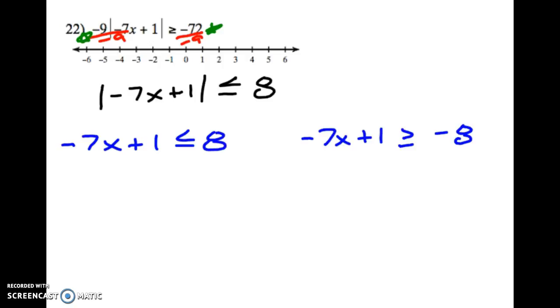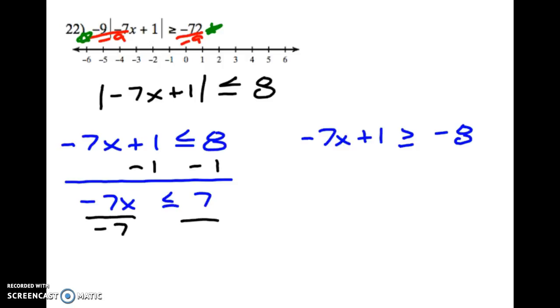All right, as far as solving, on the left, we'll subtract the 1. Divide by the negative 7. Once again, hopefully everybody's paying attention because we're dividing by a negative again. So the direction of the inequality is going to change yet again. So we're going to end up with x is greater than or equal to negative 1.